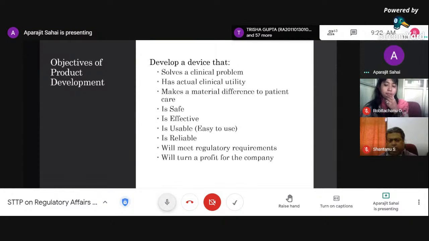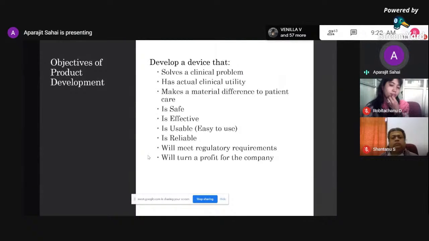Okay. Now let's talk a little bit about the objectives of product development. What are we really doing? Now, it's very important to realize that the product that you're developing, and this is not only true for medical devices, it's probably true for any device that you're developing, whether it's a consumer device or a medical device, is that it should solve a problem.